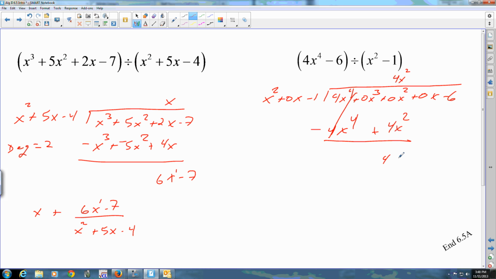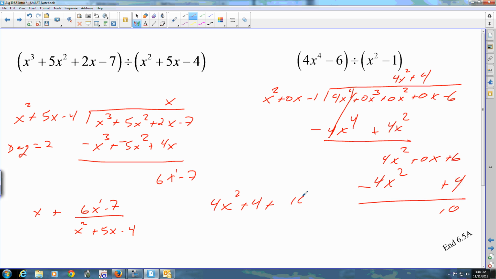I've got 4x squared plus 0x plus 6. X squared times what is 4x squared? 4. 4 times that would give you 4x squared minus 4. Change the signs. 10, and your remainder is 10. So 4x squared plus 4 plus 10 over x squared minus 1 would be your final answer.